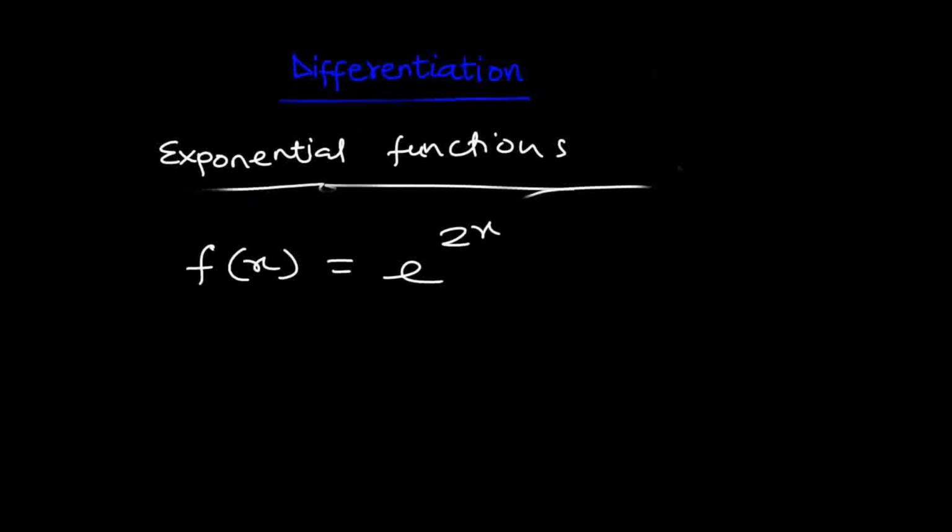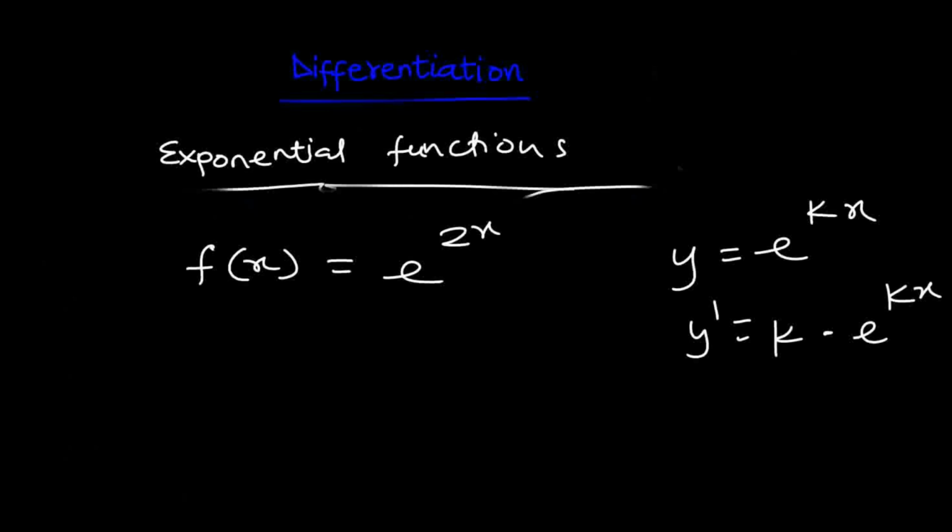From the rules that we learned, where y equals e to the power kx, the derivative will be k multiplied by e to the power kx.